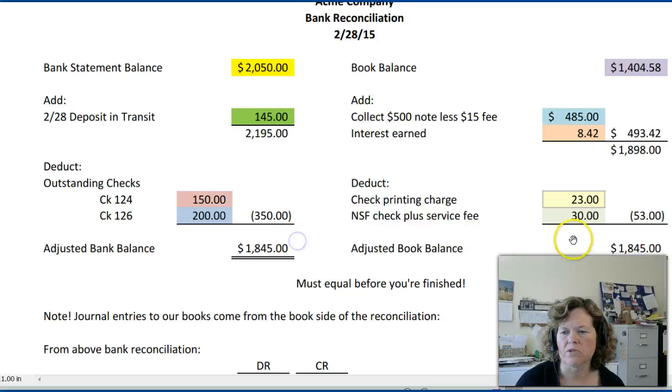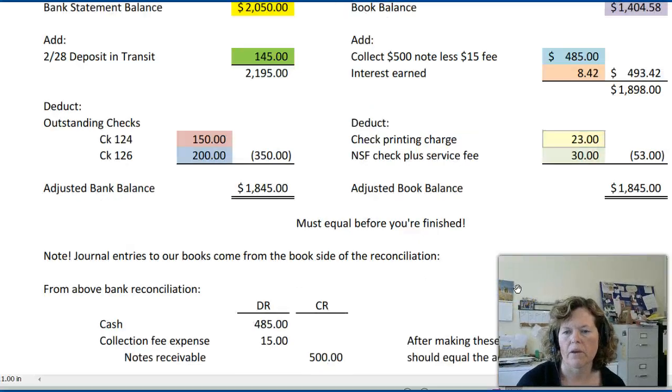Again, these two numbers have to equal before you're finished. Then you know you've done your bank reconciliation. Good practice is to prepare a bank reconciliation before you close your books and prepare financial statements for the month. You want to make sure that your bank balance is accurately stated.